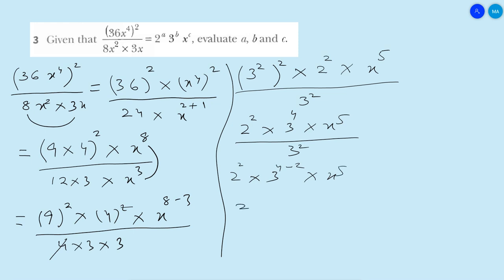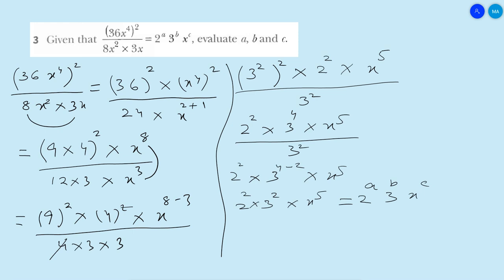So 2 power 2 square into 3^(4 minus 2) is 2, into x^5. And according to the question, this is equal to 2 power a into 3 power b into x power c.